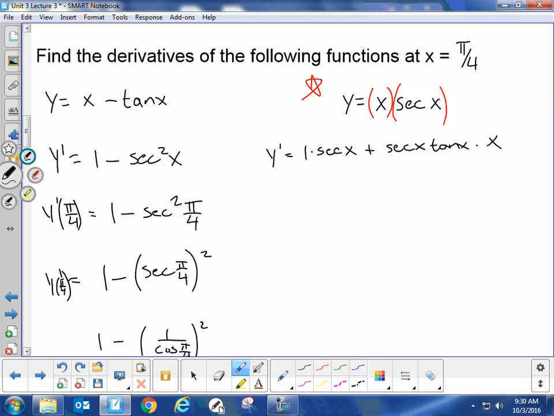And that is our correct derivative. Make sure your derivative is correct. It should be secant x plus secant x tangent x times x.